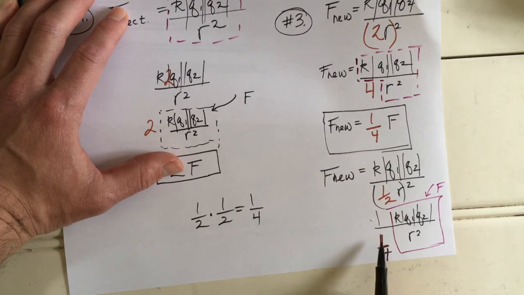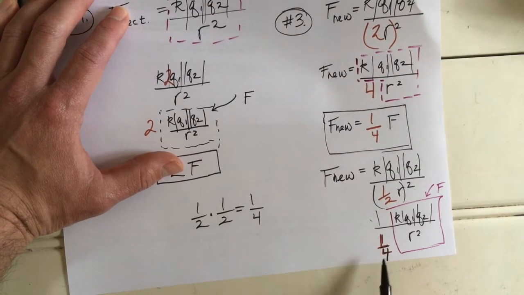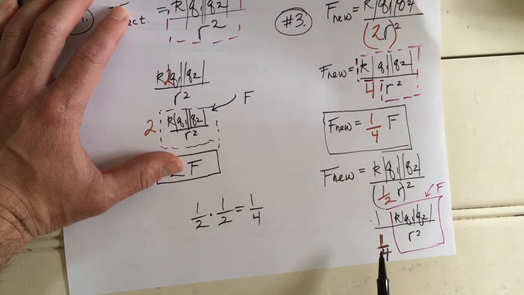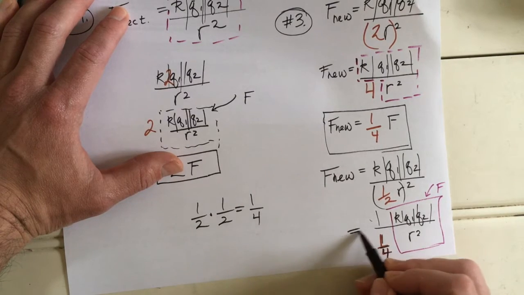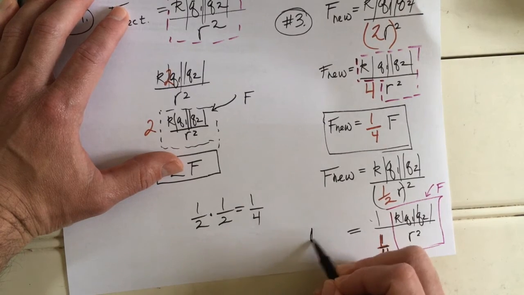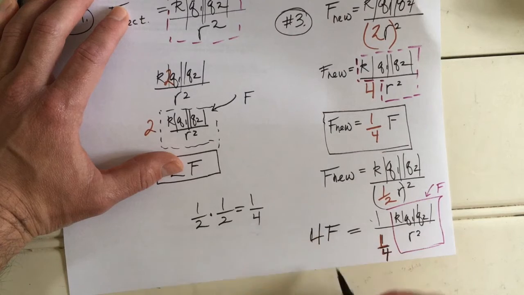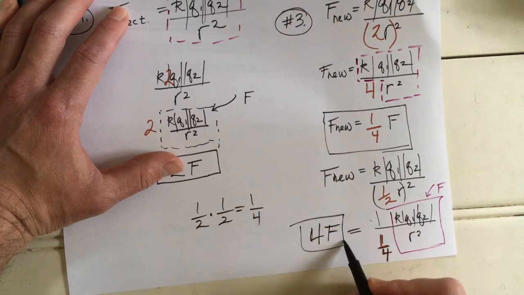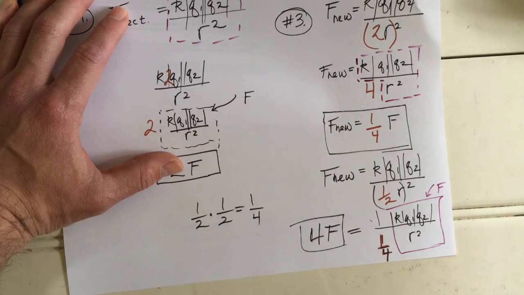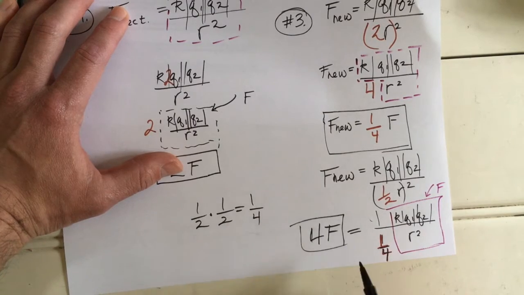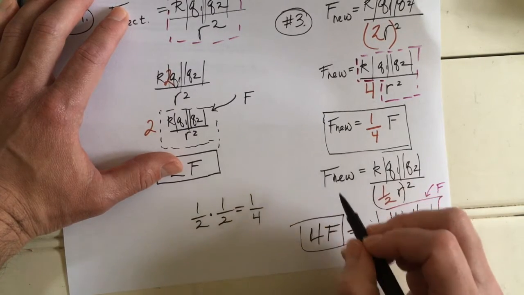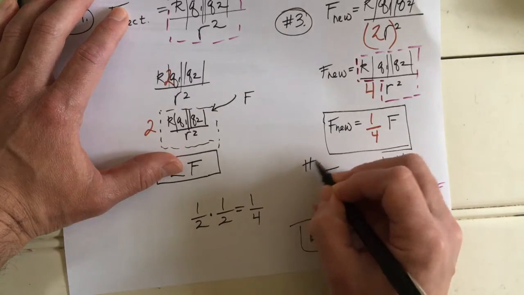I think there's some kind of keep, change, flip, but I forget how to do that. So anyways, you're going to get 4F. So 4F is going to be your answer there for F nu. All right, and that was number 6, I believe. So I can go ahead and write that right there.